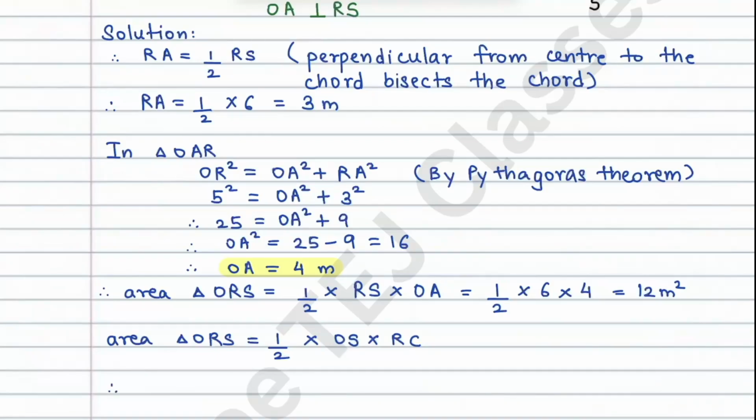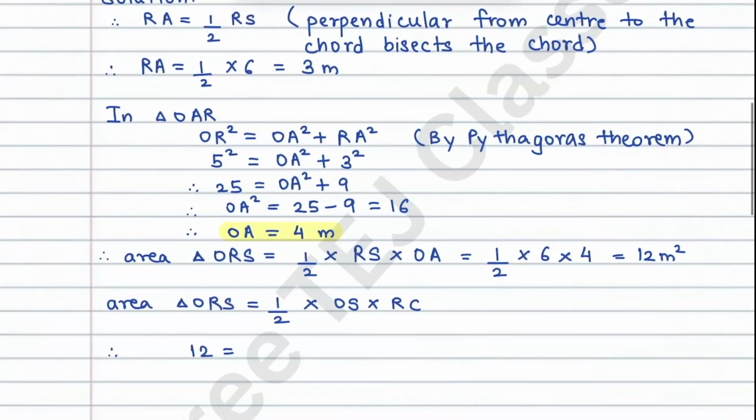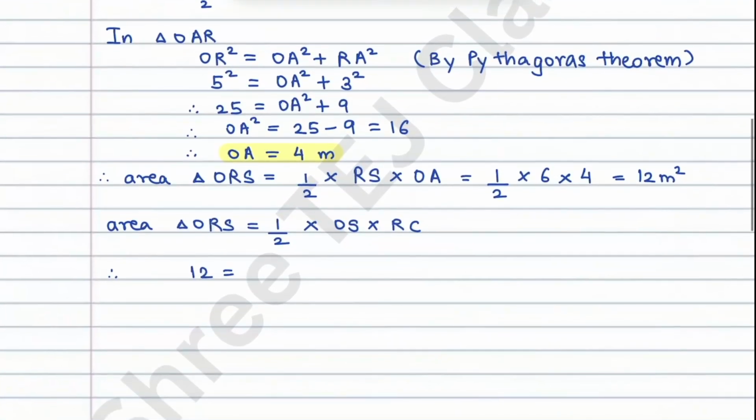But area we have already calculated. 12 is equal to half into OS, the radius of the circle, which is equal to 5, multiplied by RC. Therefore 12 into 2 upon 5 is equal to RC.